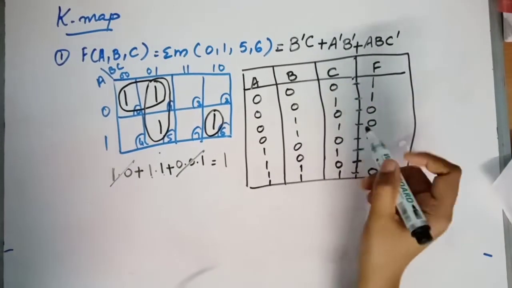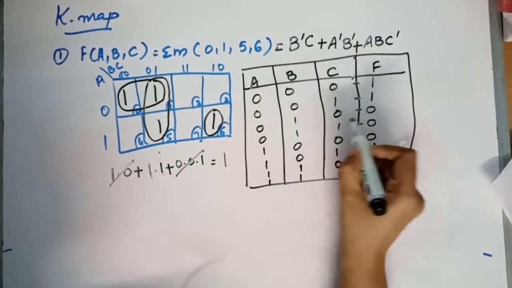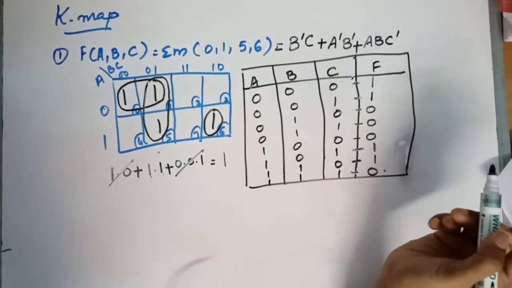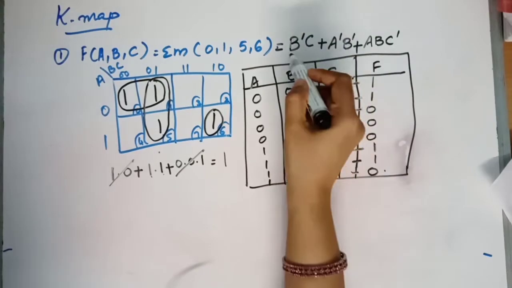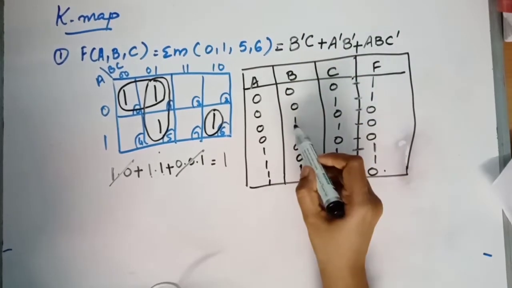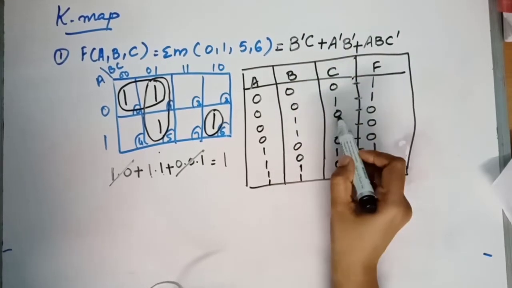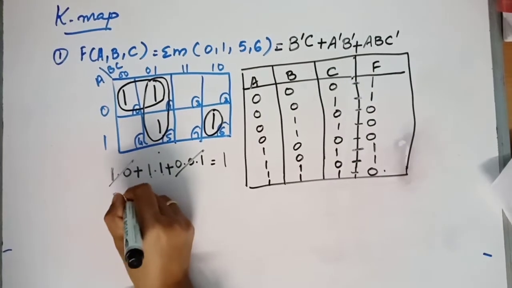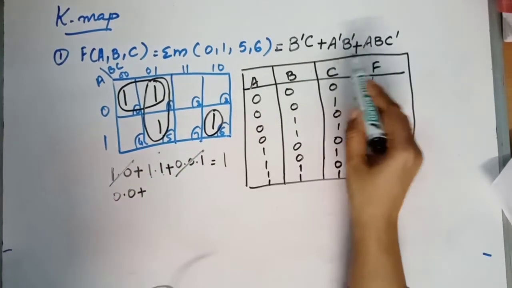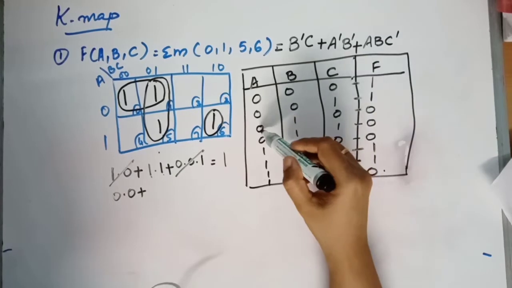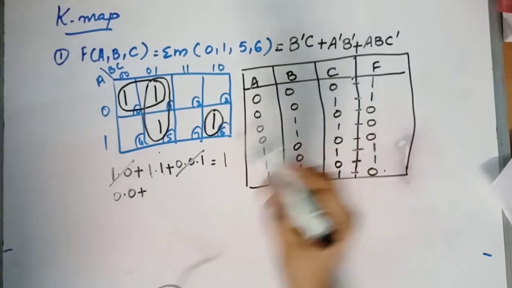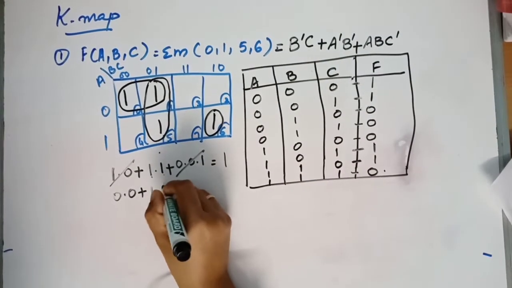Likewise, suppose I am taking 0, 1, 0, that is 2. So B bar C, B bar is 0 dot 0. A bar B bar, A bar is 1, B bar is 0, so 1 dot 0.